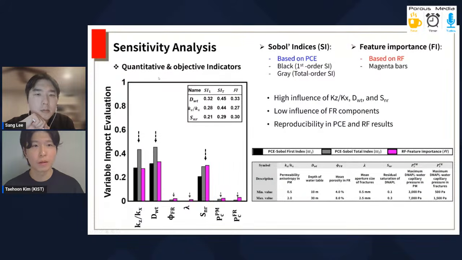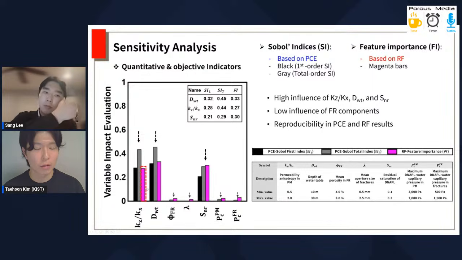And following the Monte Carlo simulation, we performed the global sensitivity analysis. In this figure, the magenta bars represent the sensitivity indices from the random forest surrogate model predictions, and the other two black and gray bars represent the sensitivity indices from the PCE surrogate model predictions.